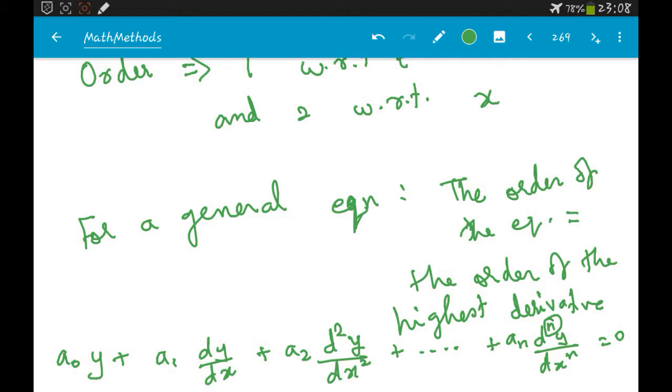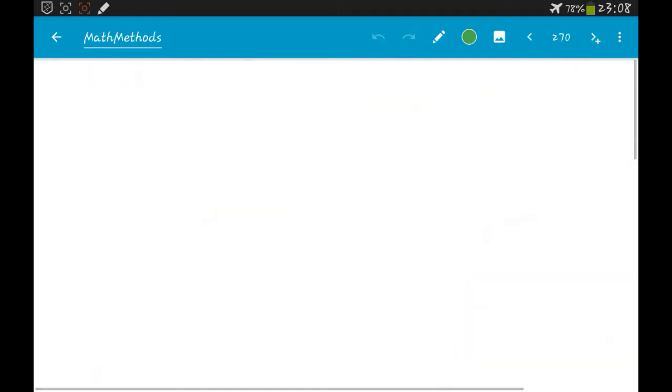Now let's try to do a problem, and then after we do the problem we will see how to solve these kinds of equations.